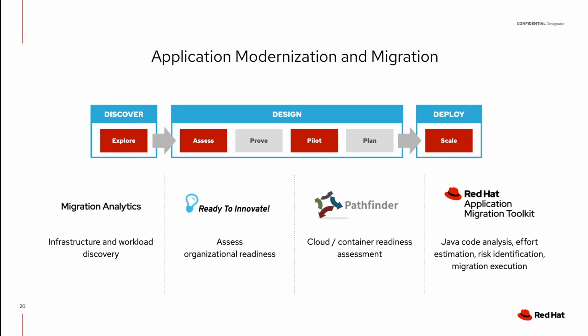This is followed by the Pathfinder assessment that we will shortly demonstrate to assess the technical readiness of the application to run on containers. And finally, using the Red Hat Migration Toolkit, these results are analyzed together with deep analysis of application source code and its dependencies to identify potential risk and effort involved in migration.